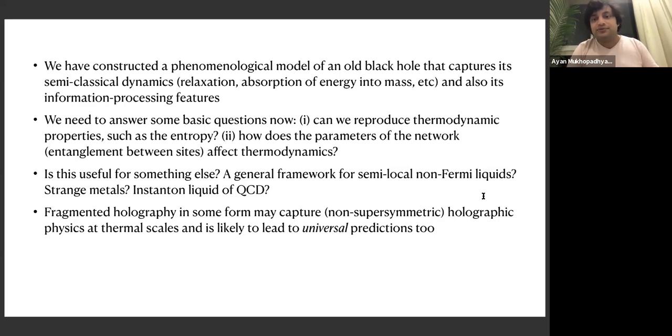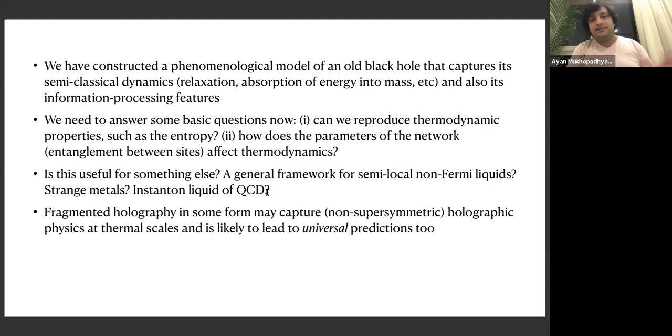So can it be good for understanding strange metals, given this resemblance to the SL2 lattice, the SYK lattice models considered by Sachdev and many others before, like Senthil, Balents, to understand strange metals? There's also some good reason to believe that some version of the model can capture instanton liquids.